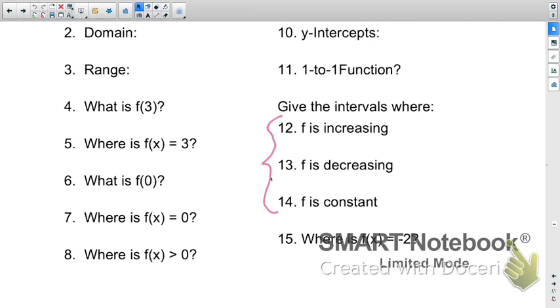We didn't do any like that yet, so I do want you to give them a try, but they are x intervals, which means they are written almost exactly like the domain is. The domain, you say the x goes from here to here. When you say the interval is increasing, decreasing, constant, you also use x values only and use the bracket notation for that. All right? So see what you can do with your tables real quick.